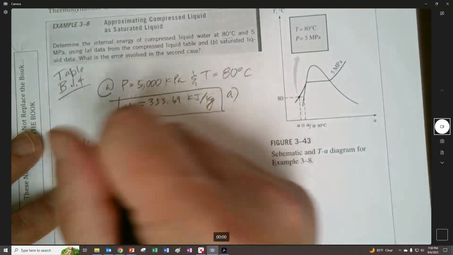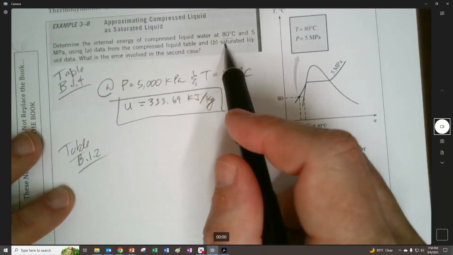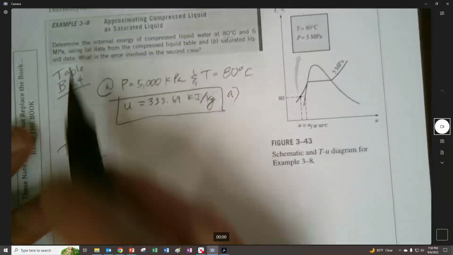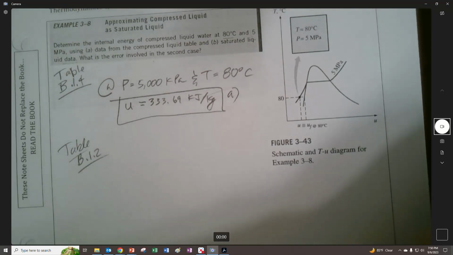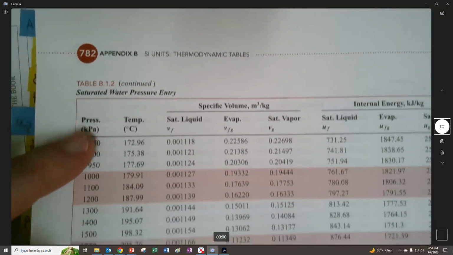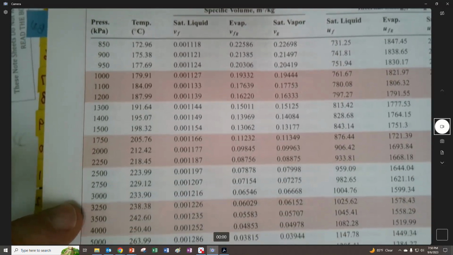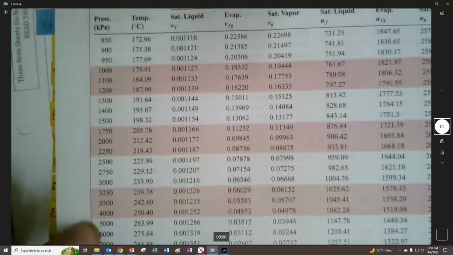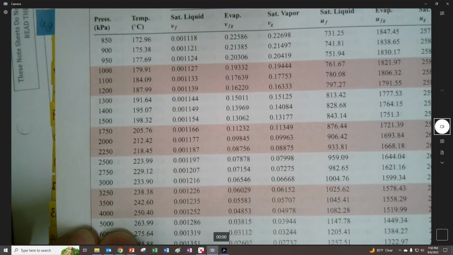Now I go to table B.1.2. So what they're saying is saturated liquid data. So let's check that one out. And they said 2, right? So that means that it's the one that's indexed by the pressure. Here's the 2. We go down here, 5,000, right in there.